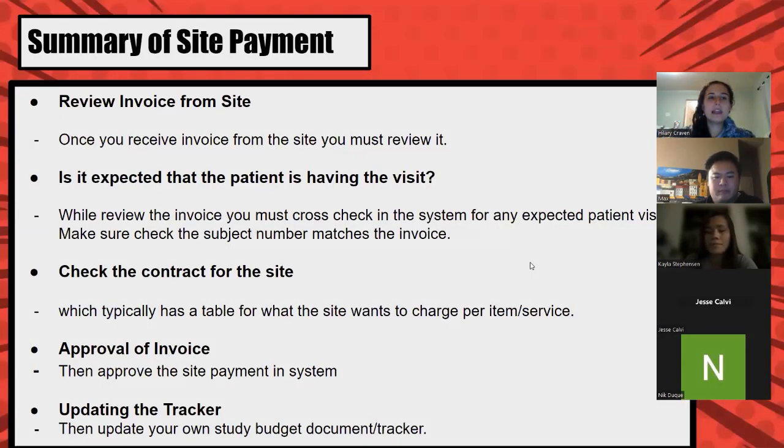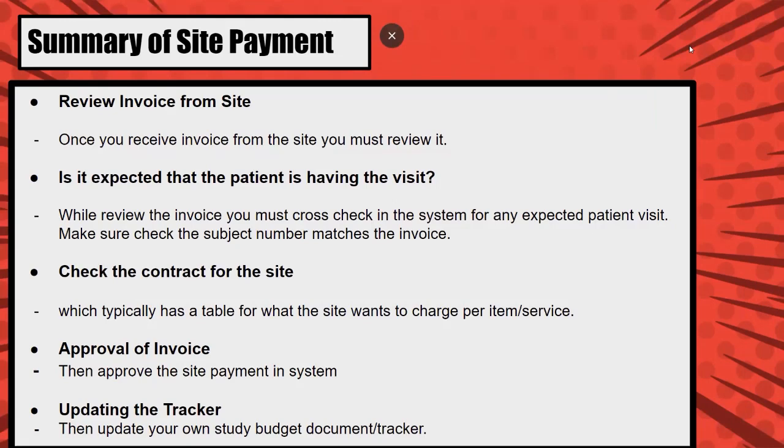So that's the high level summary, and I will go into some screenshots about what we have. Basically, you get your invoice, and I'll show you an example, and then you need to review it, and the idea is you can review it against multiple things.